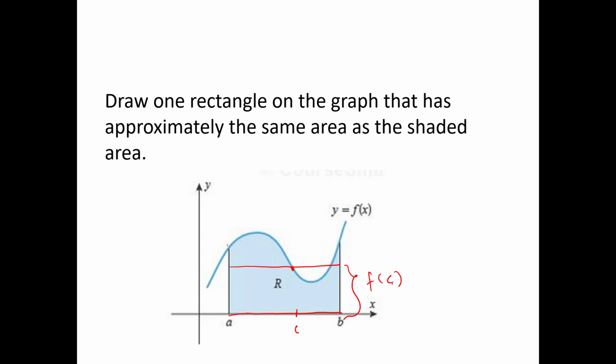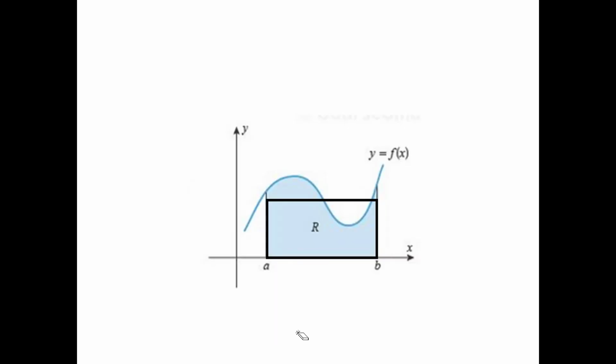Now, there's lots of different rectangles that you could pick. Here are some special ones. We could pick the midpoint, right? So right in the middle of A and B is right here. This is the midpoint. And we can make it so that our rectangle gets its height by putting the midpoint into the formula. And so this is the point, let's call this c, f of c.